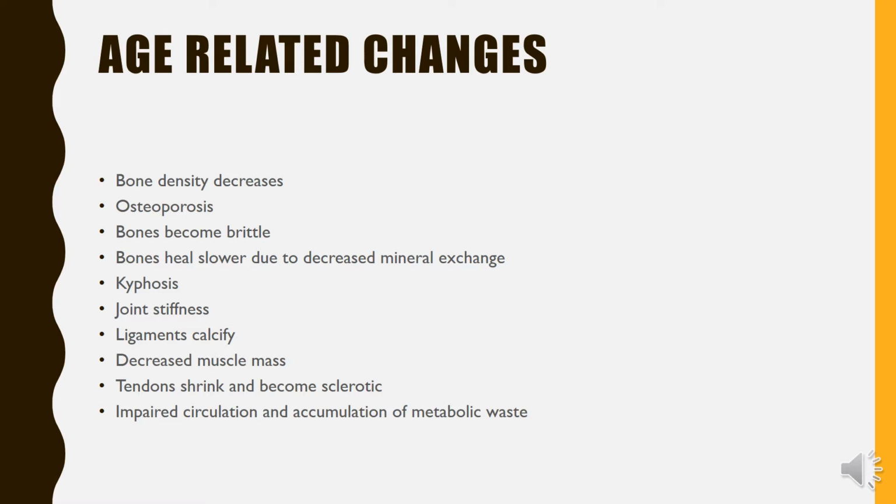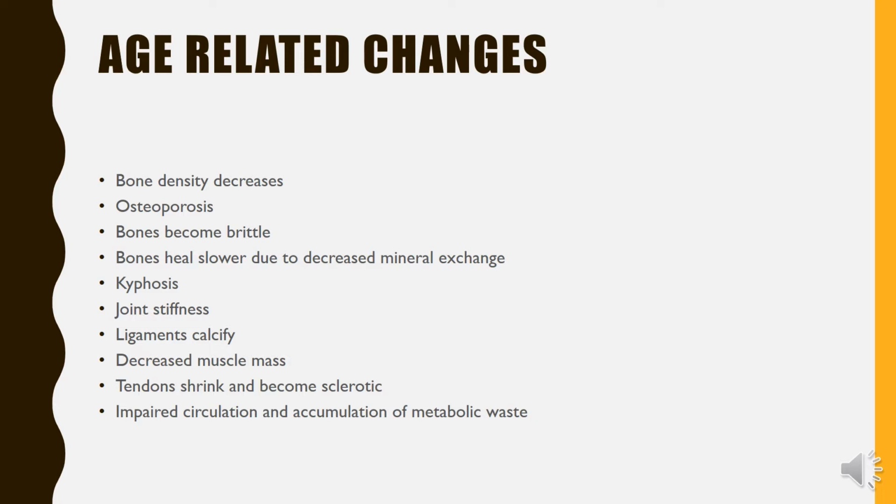Loss of bone mass, known as osteoporosis, also occurs with aging and is more severe in women. Our bones often become brittle, making us more susceptible to fractures. The bones, when they are fractured, heal slower due to decreased mineral exchange within our bones.